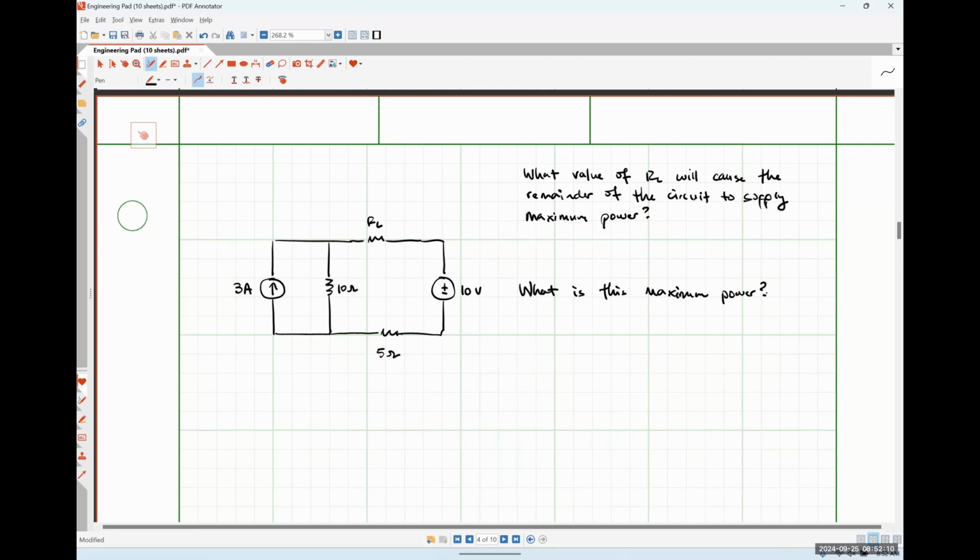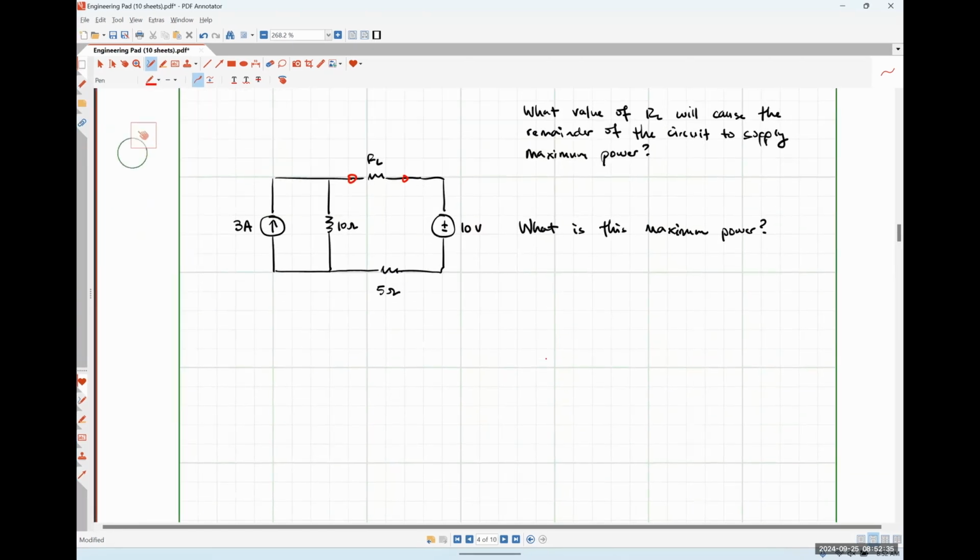Okay. So effectively, our goal here is to transform everything that isn't RL into either a practical voltage source or a practical current source. So we can do this incredibly easily by simply transforming the practical current source on the left-hand side into a practical voltage source.